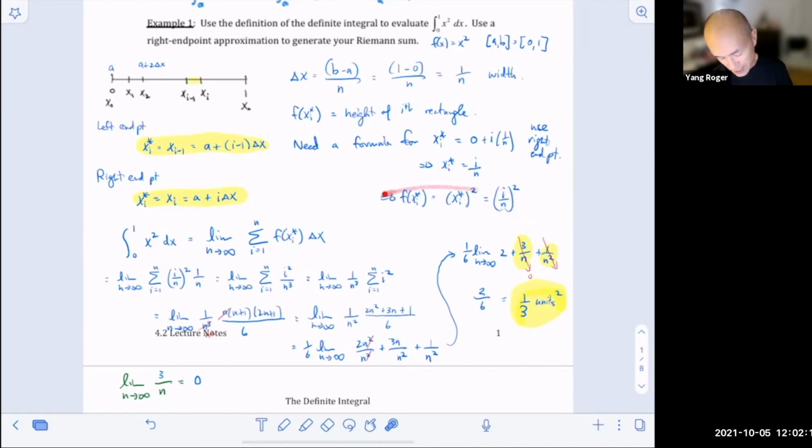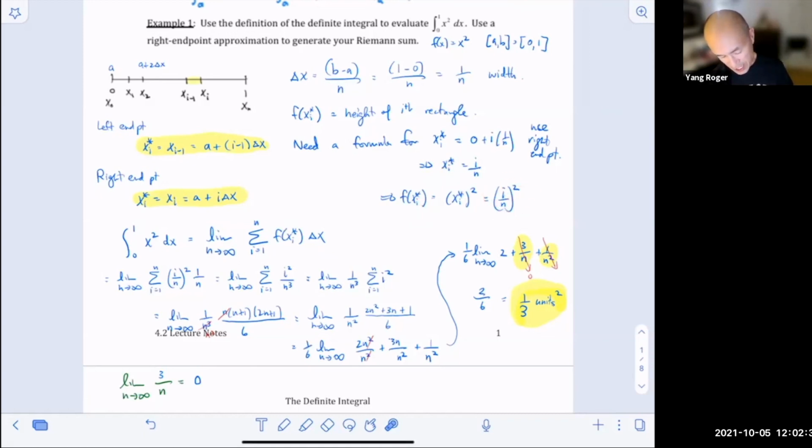How did I calculate the height? I chose to use the right endpoint, and I calculated the right endpoint using this formula. My formula for the right endpoint is just i over n. When I evaluate my sample point at my function x squared, I get (i over n) squared.